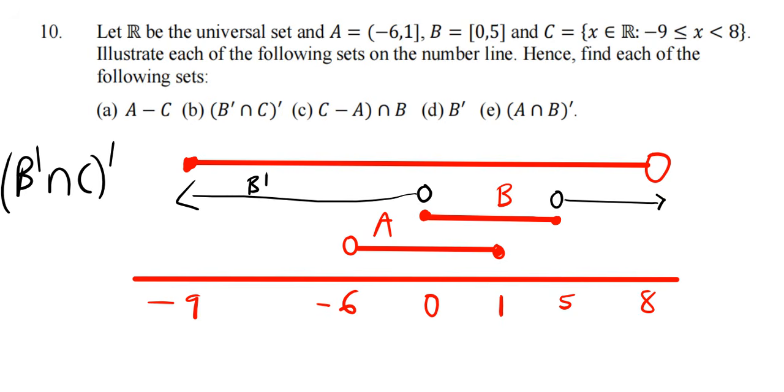Since 8 is not part of the universal set, I presume. We haven't been given a universal set. We're going in that direction. Now, we're trying to find the intersection between B complement and C. So this is C. So the intersection, therefore, is this part and the other part there.